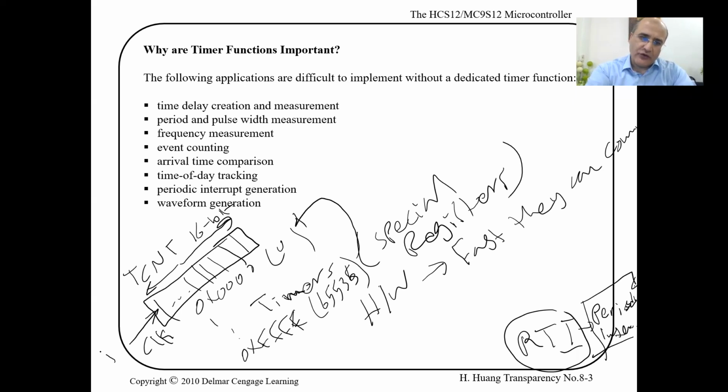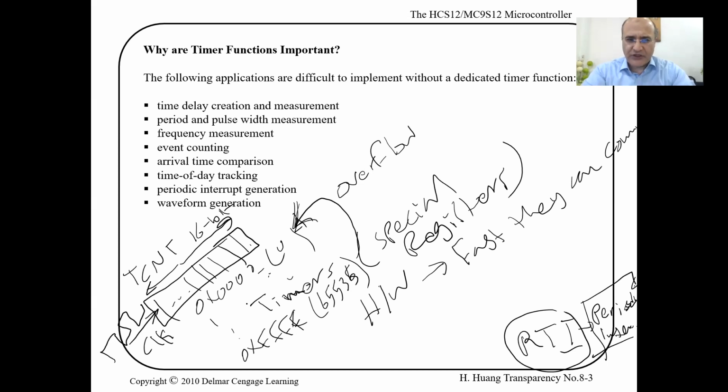If you can control the clock frequency, then you can control how fast it's going to count, and then control how fast it's going to overflow. And overflow or flip over could be programmed to cause an interrupt. So you can use it to generate interrupts.